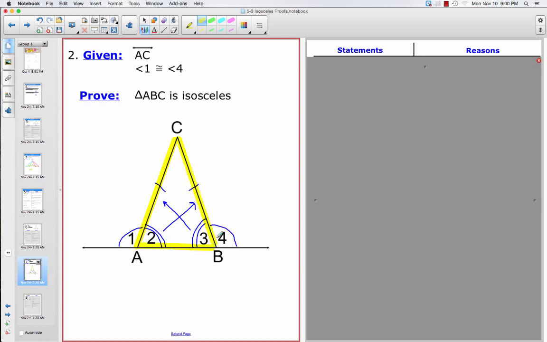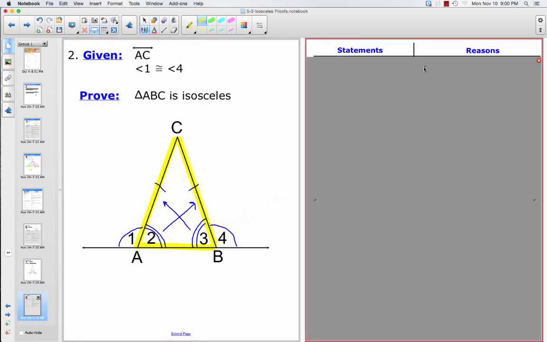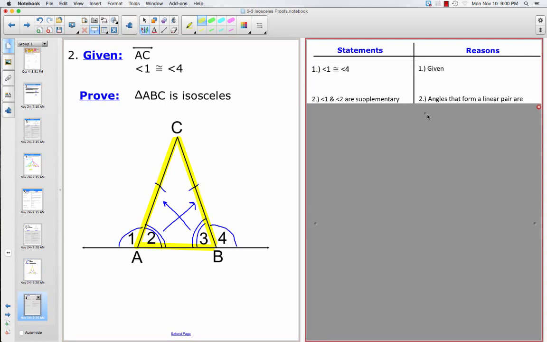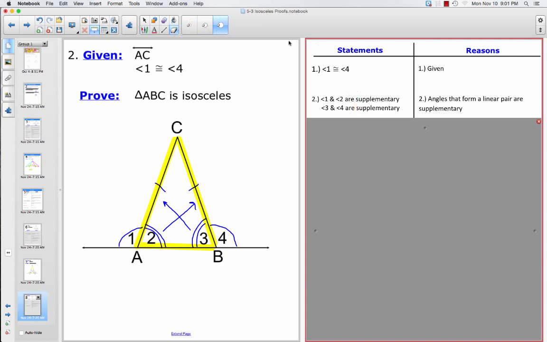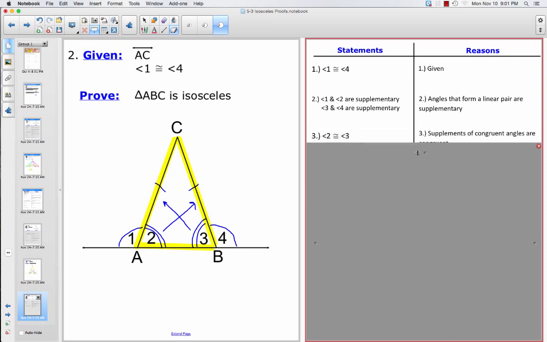So now let's go ahead and write out the proof. First we have 1 is congruent to 4. Then we could say that 1 and 2 are supplementary, and 3 and 4 are supplementary, because angles that form a linear pair are supplementary. After that, we could say 2 is congruent to 3 because supplements of congruent angles are congruent.